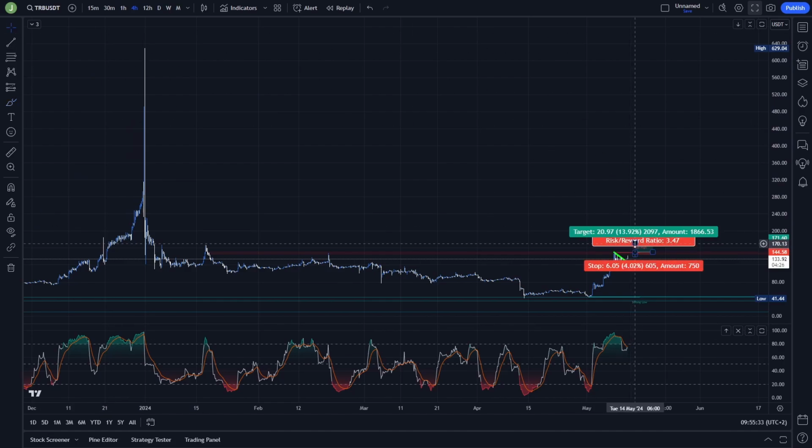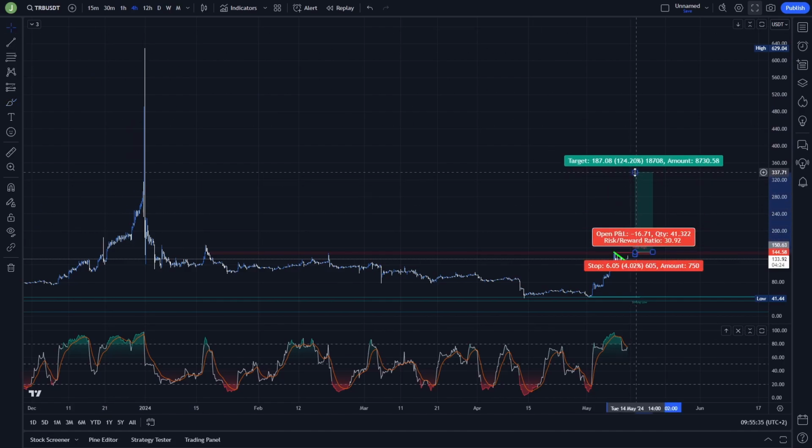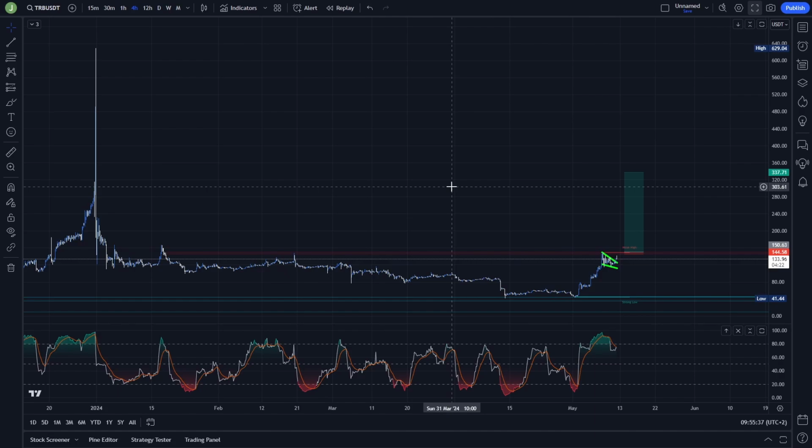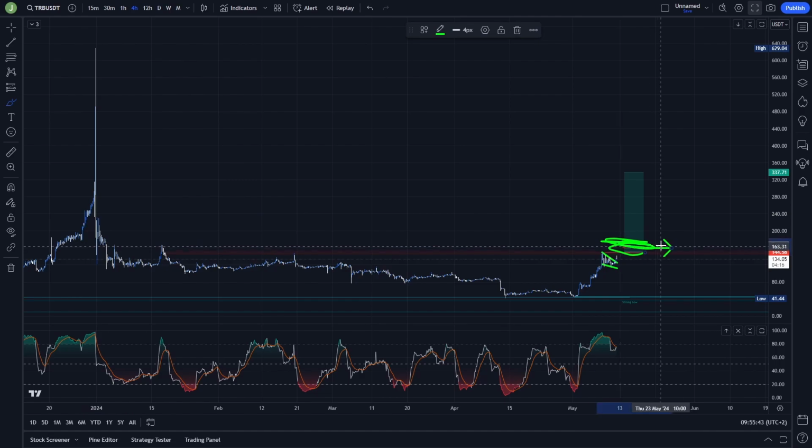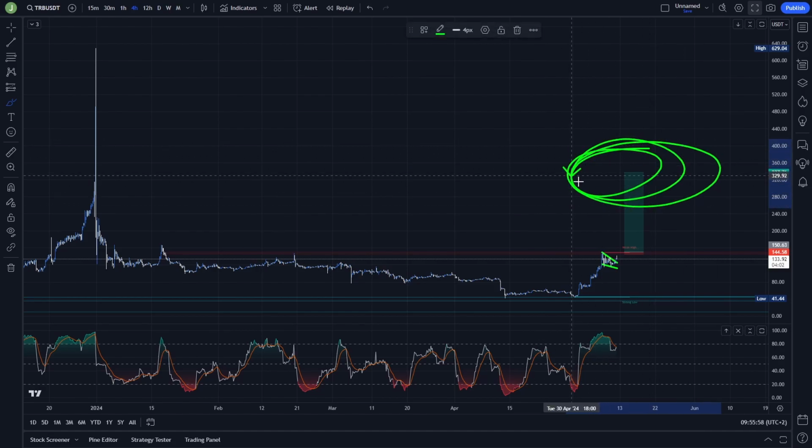So if you really want, you can place the last TP on really high targets, and after you are taking some of the profits here and here, you can move your stop loss to a profit, so you can turn your profitable position into a risk-free one, and then you can let the rest of the position slide to these higher levels. But actually, in my opinion, there is not that high probability that we are getting to these numbers any time soon.